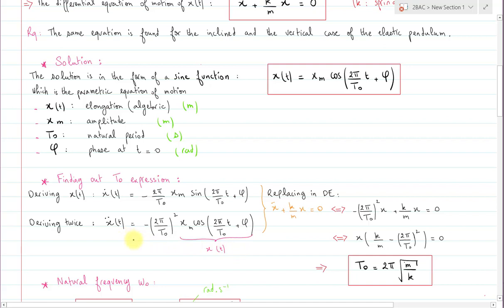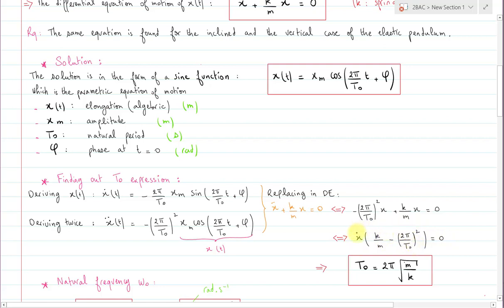So we replace the expression of x double dot in the differential equation that we found here. So it's minus 2 pi over t0 squared times x plus k over m times x equals 0. We factorize by x, so we have a product of two terms equal to 0.